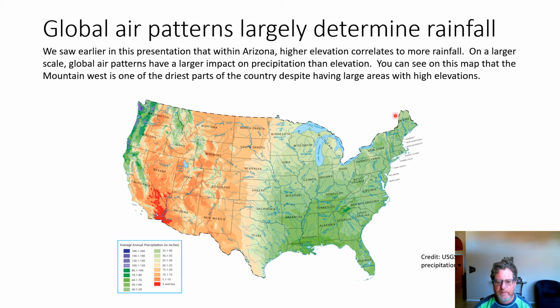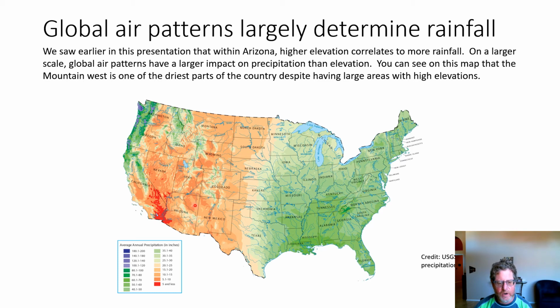So even though earlier we looked at the fact that within Arizona, places with high elevation are cooler and places with higher elevation have more rainfall, overall, even though the Mountain West has high elevation, it has less rainfall than other parts of this country. So what does it say?